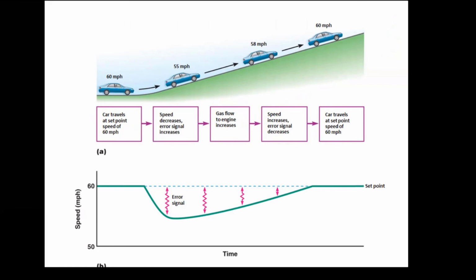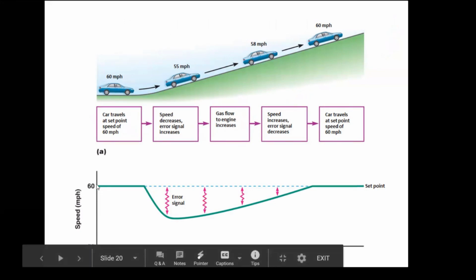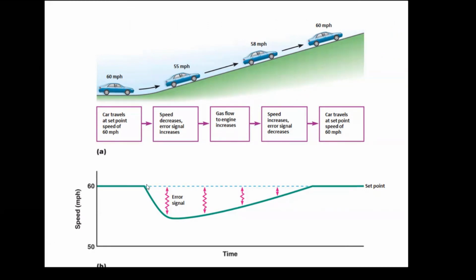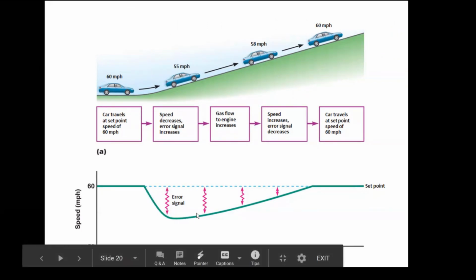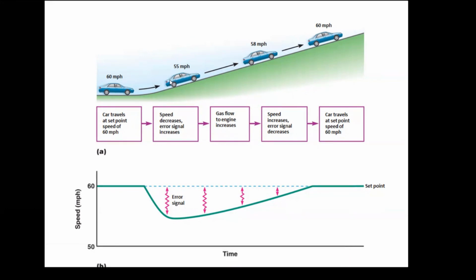So as we start to climb this hill, right? We're setting out at 60 miles per hour. Everything's well and good. That's what our cruise control is set at. And then we hit the hill. As we hit the hill, we slow down because of gravity pulling us backwards. We have this new force. Our external conditions have changed.